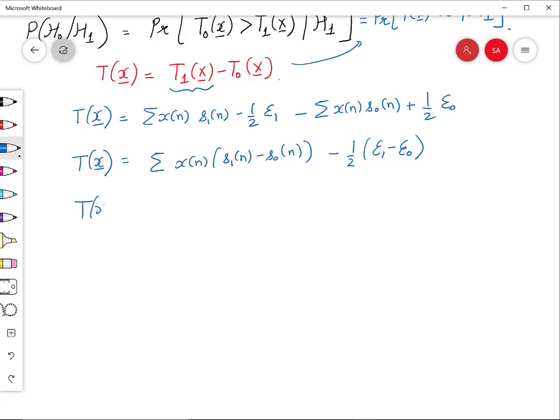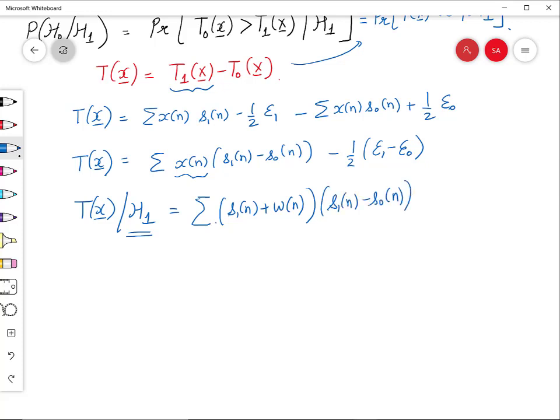Now what is T of x given hypothesis H1 is correct? If hypothesis H1 is correct, I can write x[n] to be S1 of n plus W[n], from our hypothesis formulation. So this becomes summation of S1 of n plus W[n] times S1 of n minus S0 of n, minus half of E1 minus E0. Now we can expand this.